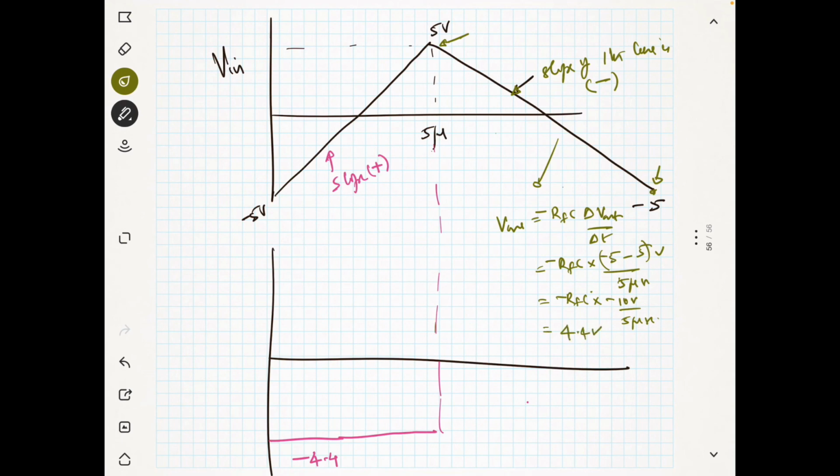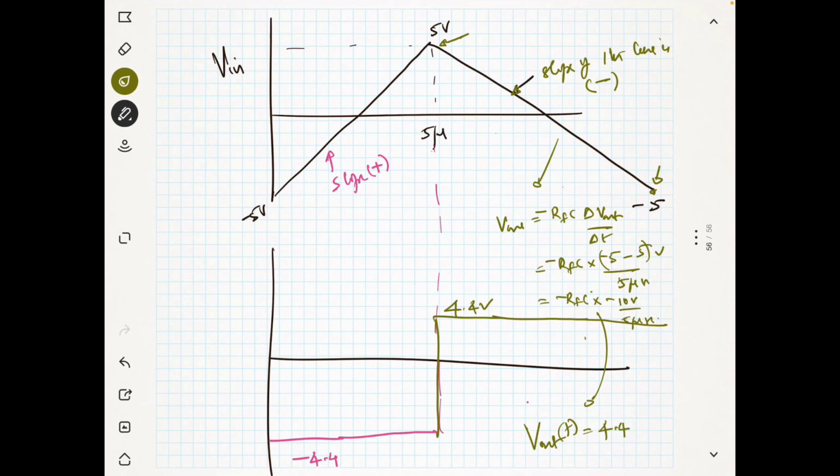That means you will get a positive number anyway. So I will write the answer here. This is 4.4 volt. So the answer for this is V out of t is equal to 4.4.